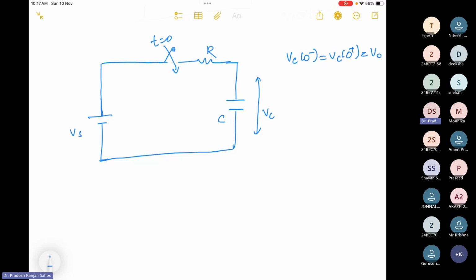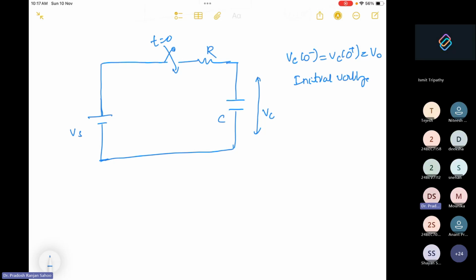That means when we have taken the circuit, previously the capacitor has some initial voltage that is called V0. Now I have connected the circuit with a source of voltage Vs, and we will assume that Vs is greater than V0.